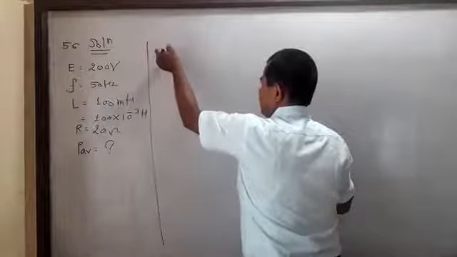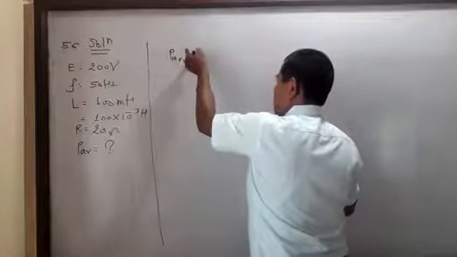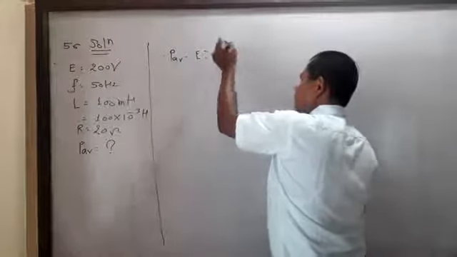PAV is equal to E into I into R into cos phi.